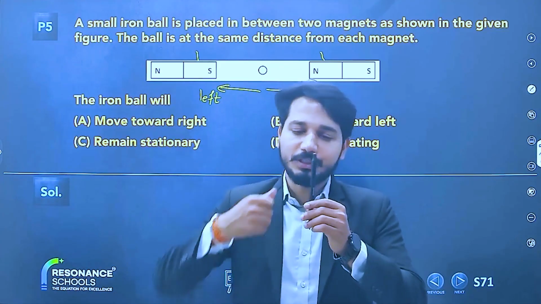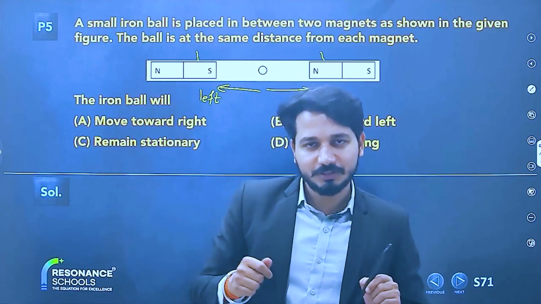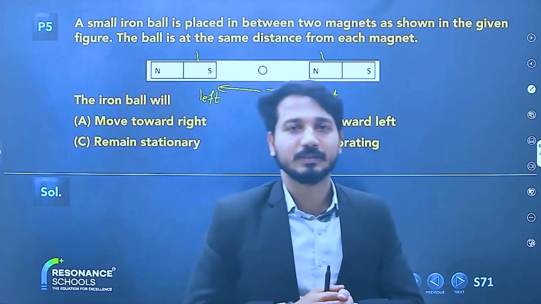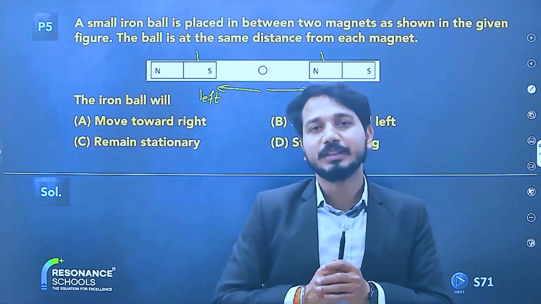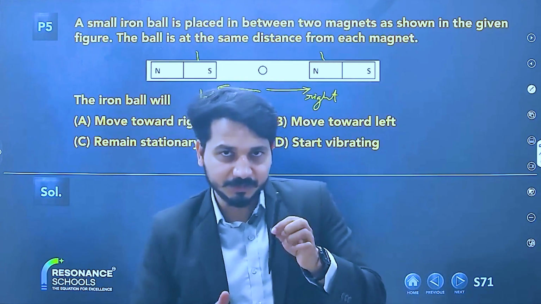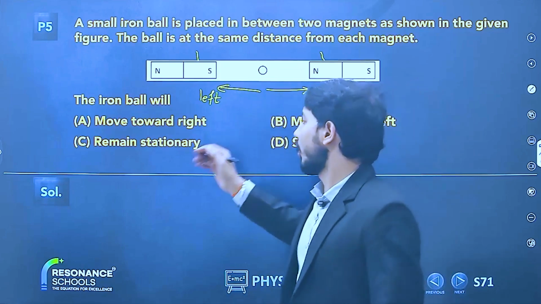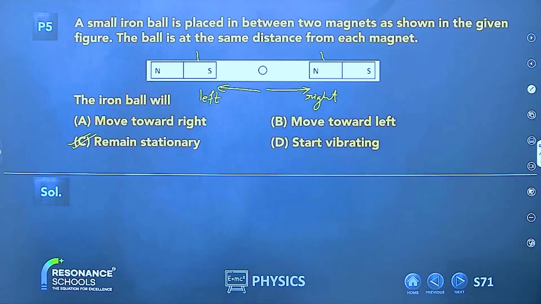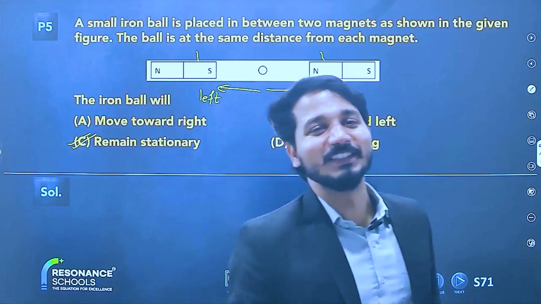If something is in between and you keep on pulling with the same amount of force from each side, definitely the object will not move towards either direction. It will remain at the same position, which means stationary. So in this case also, the ball will remain stationary. So the correct answer for this question is option C.